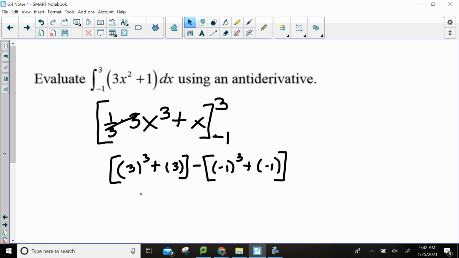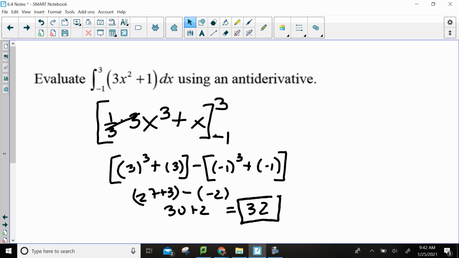And I'm going to find these values. So 27 plus 3. And I'm subtracting -1 minus 1. So I have 30 plus 2 equals 32. And that is it for the fundamental theorem of calculus part 2.